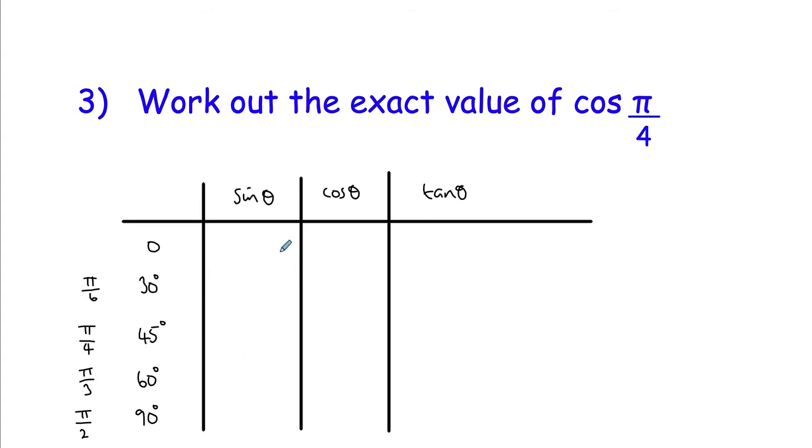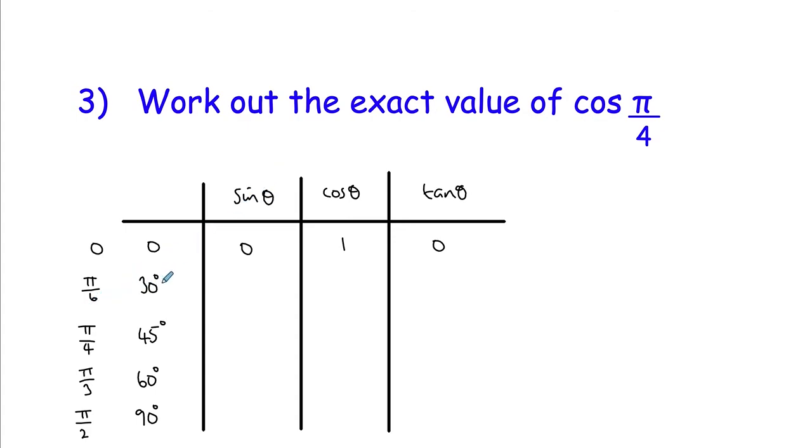So all these values that you hopefully know already are now also the exact values when we're working in radians too for these values. So we can fill in our exact values. Sine of 0 is still 0, cos of 0 is 1, and tan of 0 is 0. For the next row, sine of 30, so now sine of pi over 6.